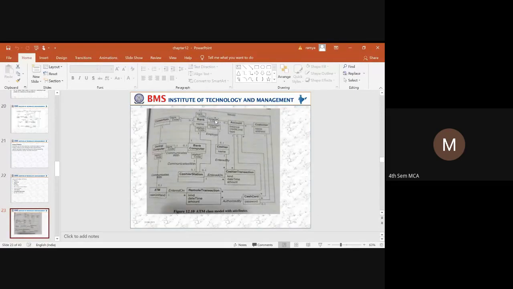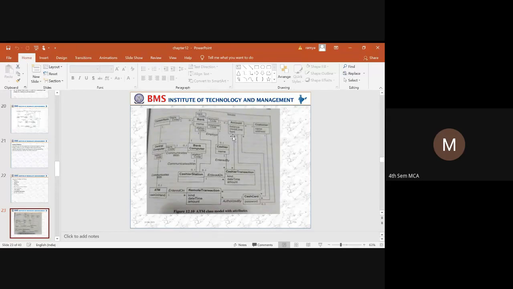So one account code belongs to 0 to 1 account. This account class has different attributes, that is a balance, credit limit, and a type. That means the customer has to maintain a minimum balance, and there is a maximum credit limit, so he cannot have too much credit in his account.